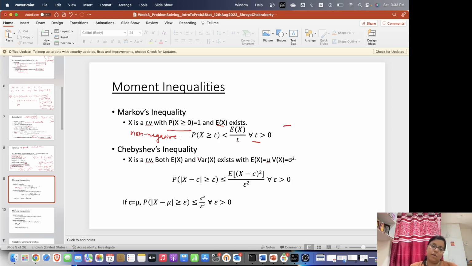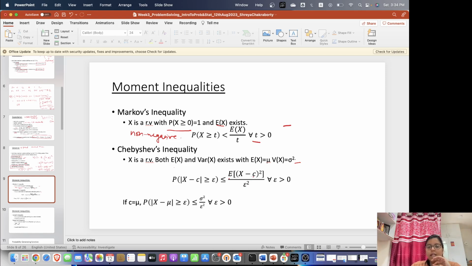And Chebyshev's inequality states that if x is a random variable where both expectation and variance exist, then probability mod of x minus c greater than or equal to epsilon, for any given epsilon greater than 0, will be less than or equal to expectation of (x minus c) whole square by epsilon square.